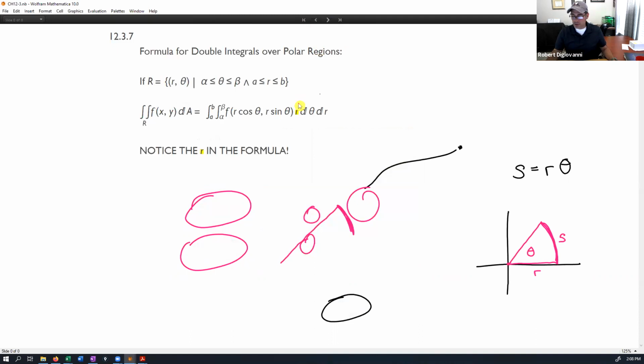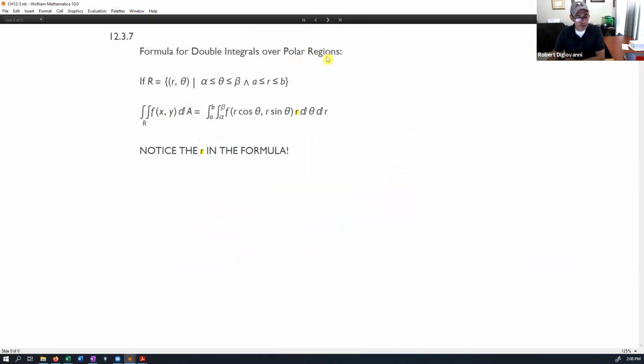For double integrals over polar regions, if your region R is all the polar points where theta is between two constants and r is between two constants, then the volume double integral that we've been studying turns into a new double integral where your limits of integration are your limits on theta and r respectively.